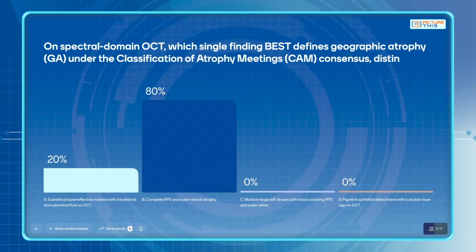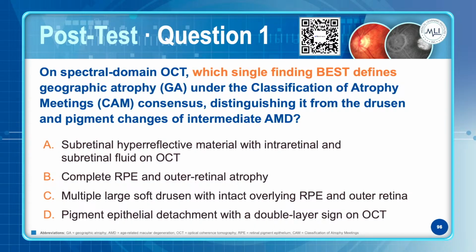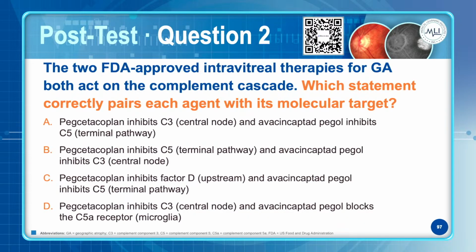Oh. All righty. I just mentioned subretinal hyperreflective material and intraretinal subretinal fluid is neovascular AMD. All right, the 2 FDA-approved intravitreal therapies for GA both act on the complement cascade. Which statement correctly pairs agent with its molecular target?